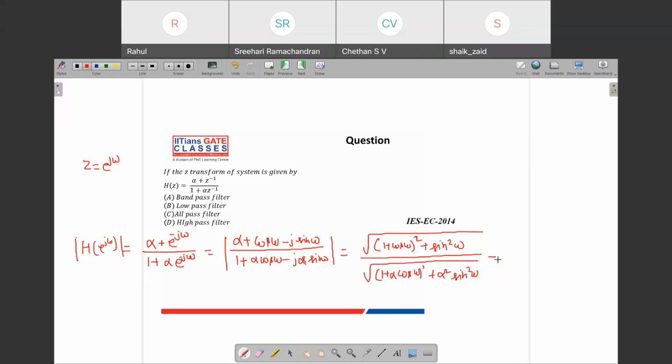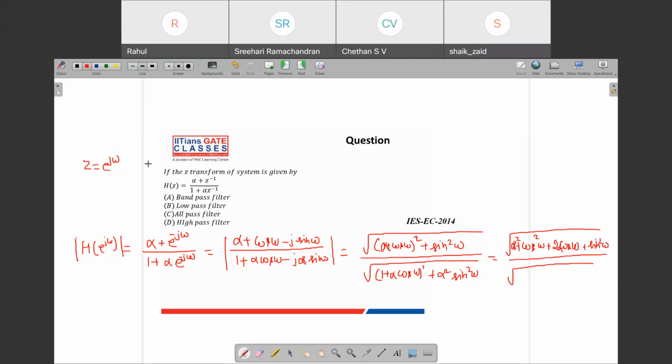Now if you solve this, from the numerator you'll get 1 plus cos square omega plus 2 cos omega plus sine square omega, and actually there is an alpha term, alpha square.